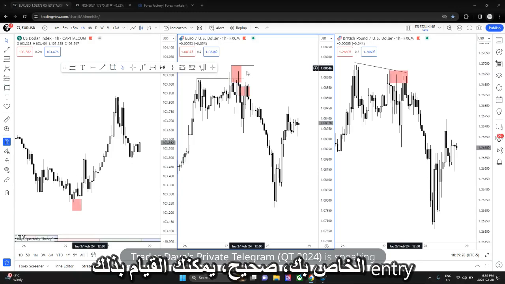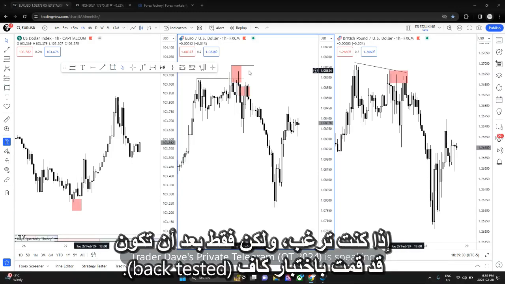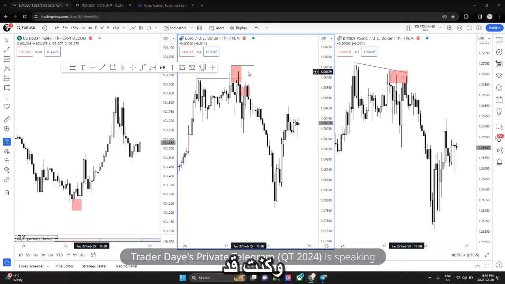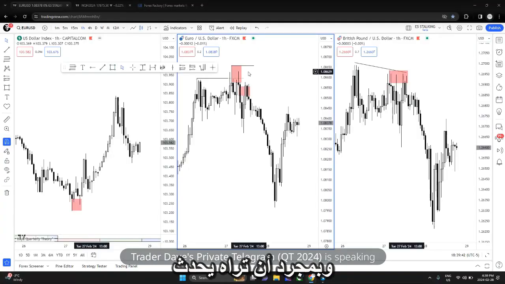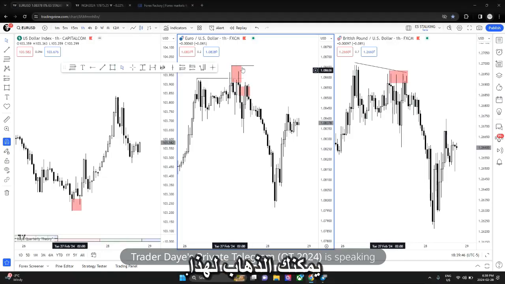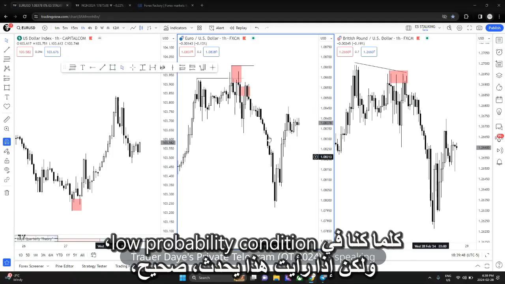You can do this if you wish, but just after you've backtested enough and you've demo traded it enough, because you don't want to just be jumping into this with real money, right? And once you see it happening enough, then you can go for this whenever we're in a low probability condition.